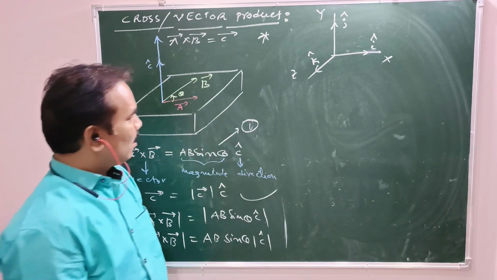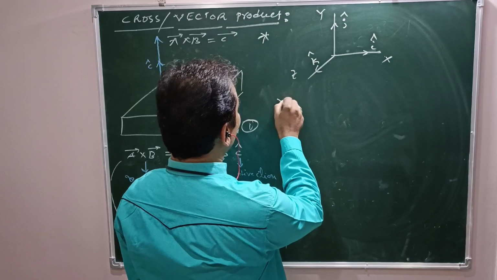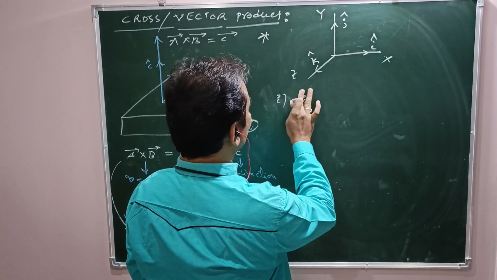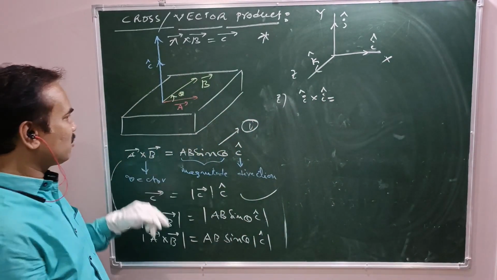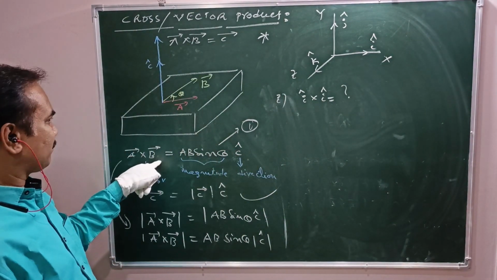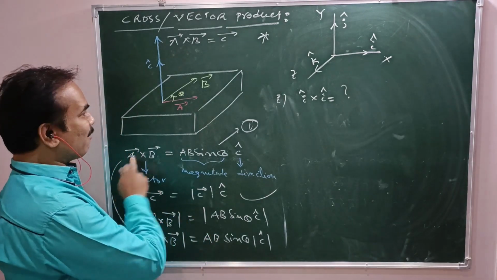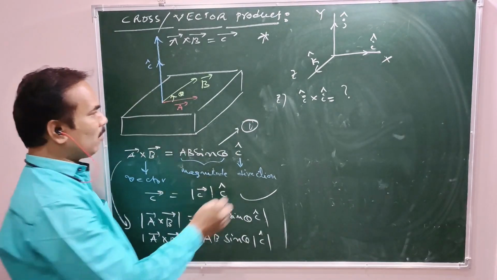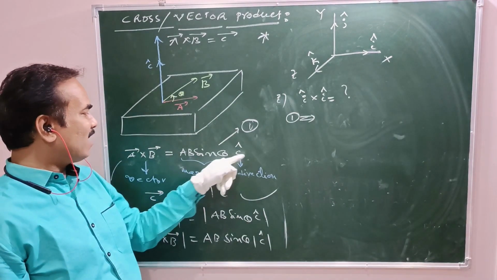Right? Now, I want to get I cross I. First result, number 1: what is I cross I? See, I cross I means instead of A bar, here I cap is there, and instead of B bar also I cap is there. So A bar cross B bar equals AB sin theta into C cap.